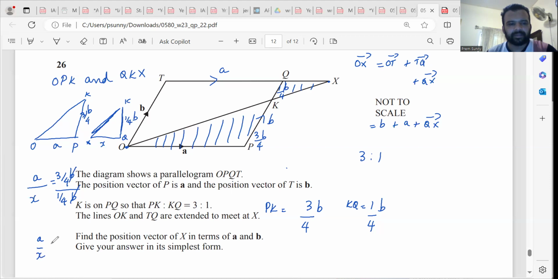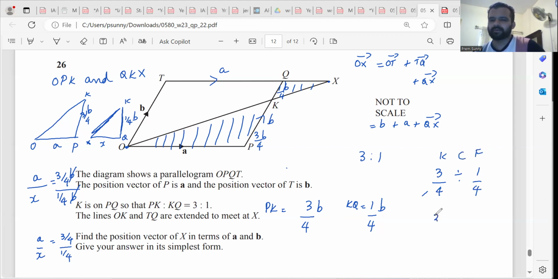So A by X is equal to 3 by 4 divided by 1 by 4. Using the KCF rule: keep the first fraction, change the sign to multiplication, 1 by 4 becomes 4 by 1. 4 and 4 get cancelled, so I got 3.